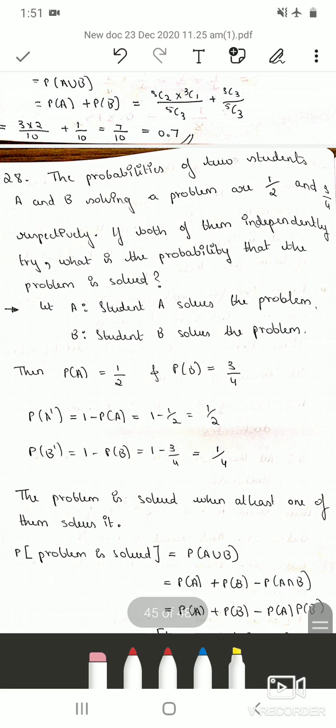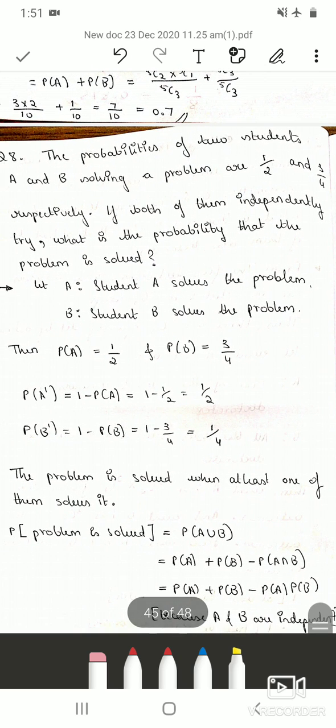So the 28th problem is: the probabilities of two students A and B solving a problem are 1 by 2 and 3 by 4 respectively. If both of them independently try, what is the probability that the problem is solved? So let A be that student A solves the problem and B be that student B solves the problem. Then they have given the probability of A as 1 by 2 and the probability of B as 3 by 4.